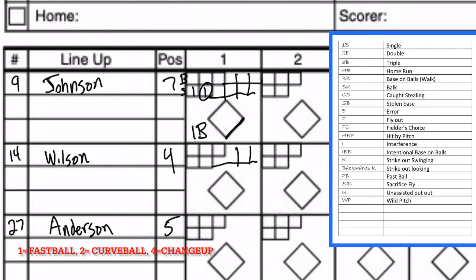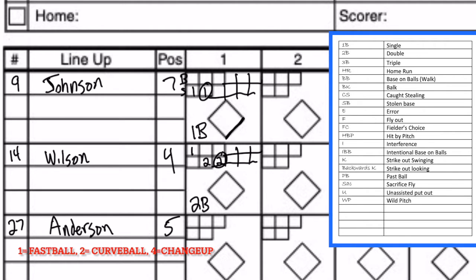Wilson will bat next. Wilson's going to see a first pitch fastball for a ball, a second pitch curveball for a strike, and a third pitch curveball for a strike, but he swings at it, and he's going to hit a double.